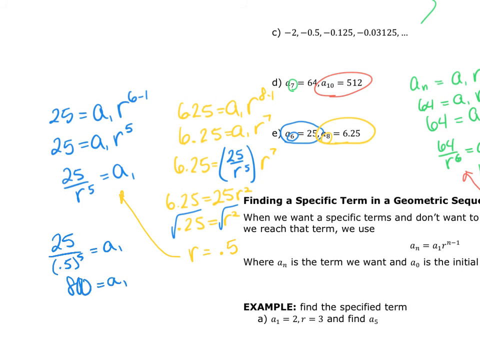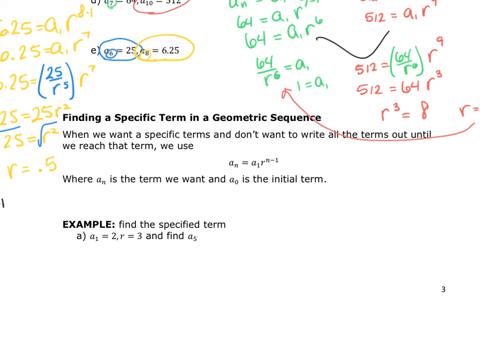So my closed formula is a sub n is equal to 800 times r, which is 0.5, raised to the n minus 1.